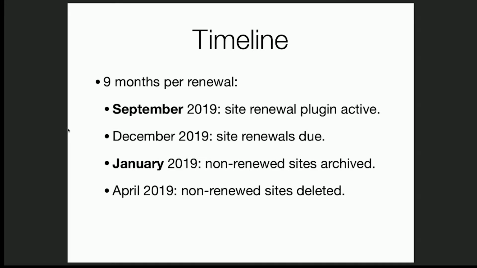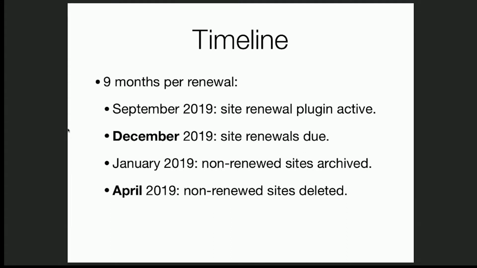As part of this, September and January are two major focal points. One is the first semester of managing the actual renewal process, and then in January, working on those outliers that didn't renew to find out why, if we can find the owners, and to find that website a home, or delete it. All of those have due dates associated with them.